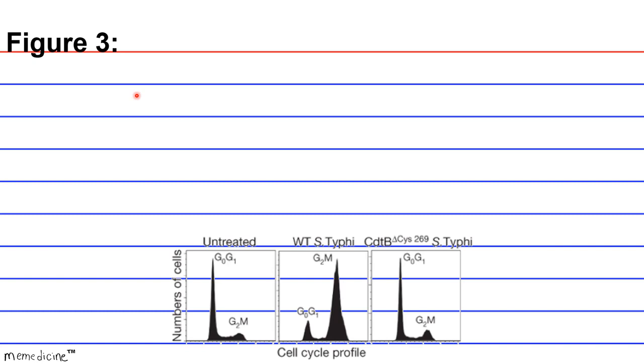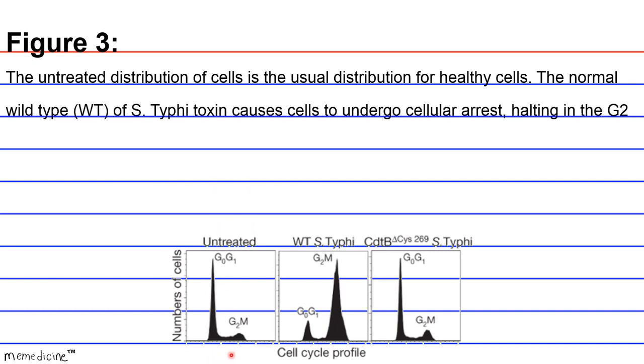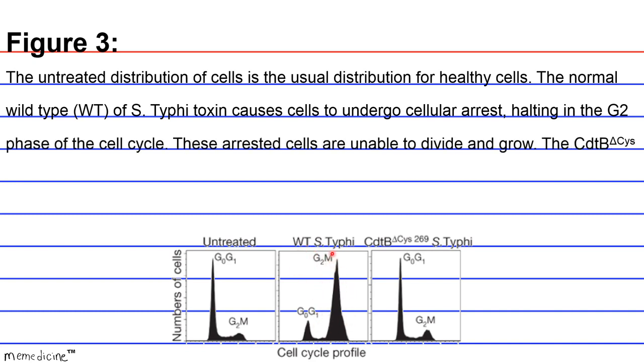Figure 3. The untreated distribution of cells is the usual distribution for healthy cells. Okay. The normal wild type of typhoid toxin causes cells to undergo cellular arrest, halting the G2 phase of the cell cycle. These arrested cells are unable to divide and grow.